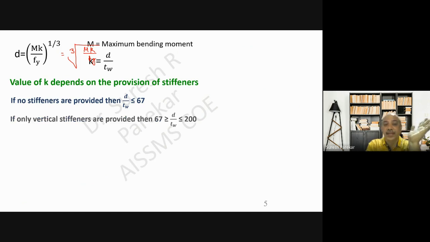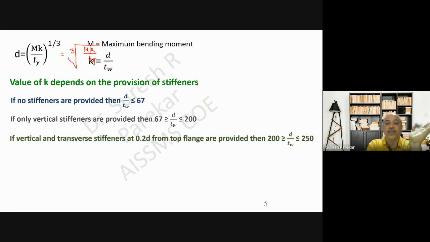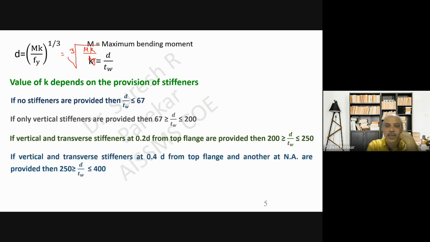If only vertical stiffeners, as we have seen in part b, then d by tw is less than or equal to 200. Then if vertical and transverse stiffener at 0.2d, then we have seen the value should be between 200 to 250. And when we have another stiffener at the neutral axis, then d by tw is between 250 to 400.